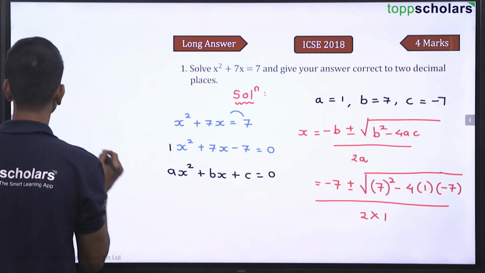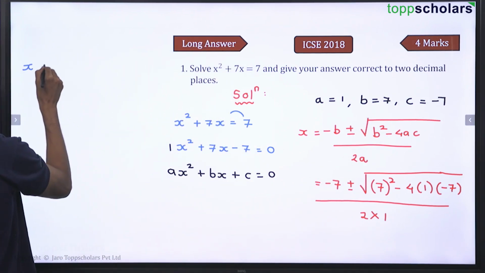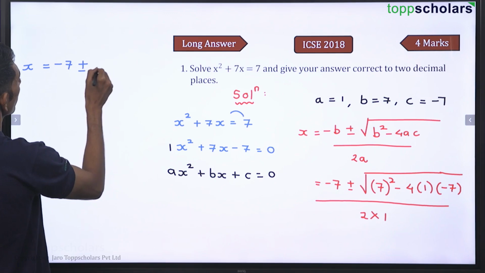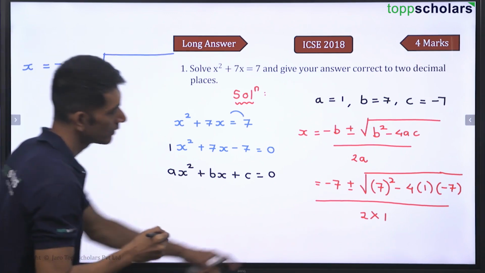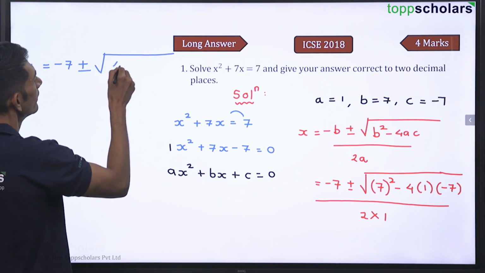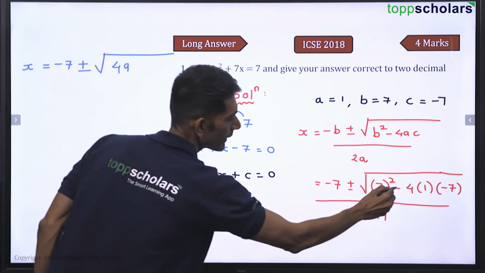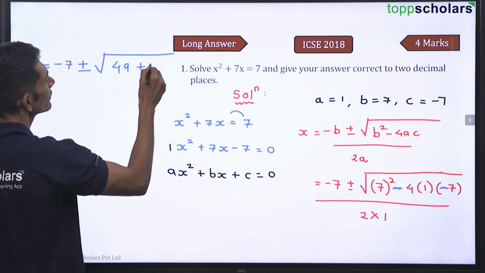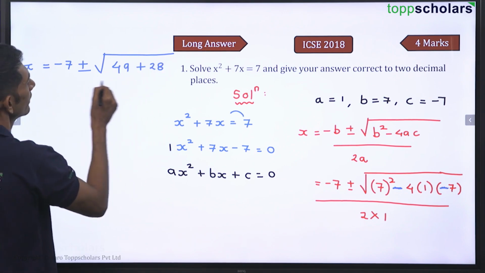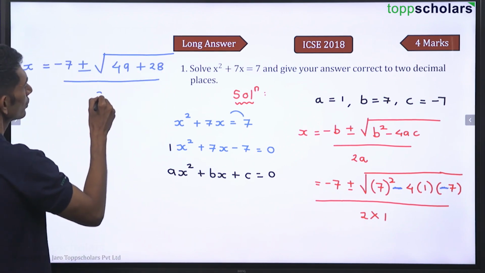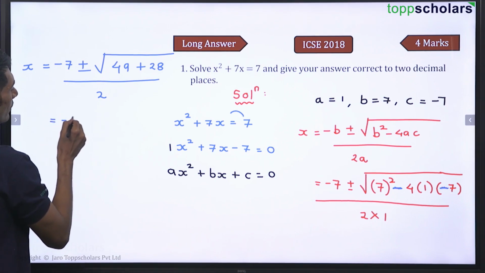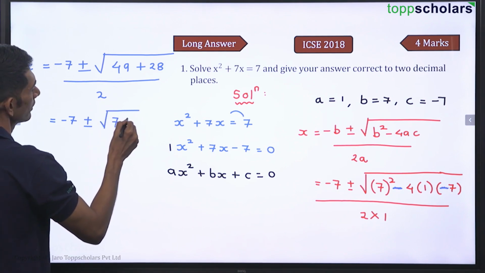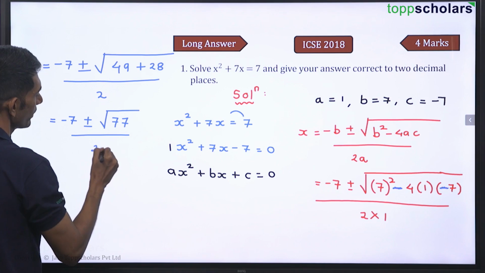So that gives you further x is equal to minus 7 plus or minus under root 7 square is 49 and then minus minus, see here you have minus, here you have minus, that becomes plus, 49 plus 28 divided by 2 into 1 is 2, so that is equal to minus 7 plus or minus under root 77 divided by 2.